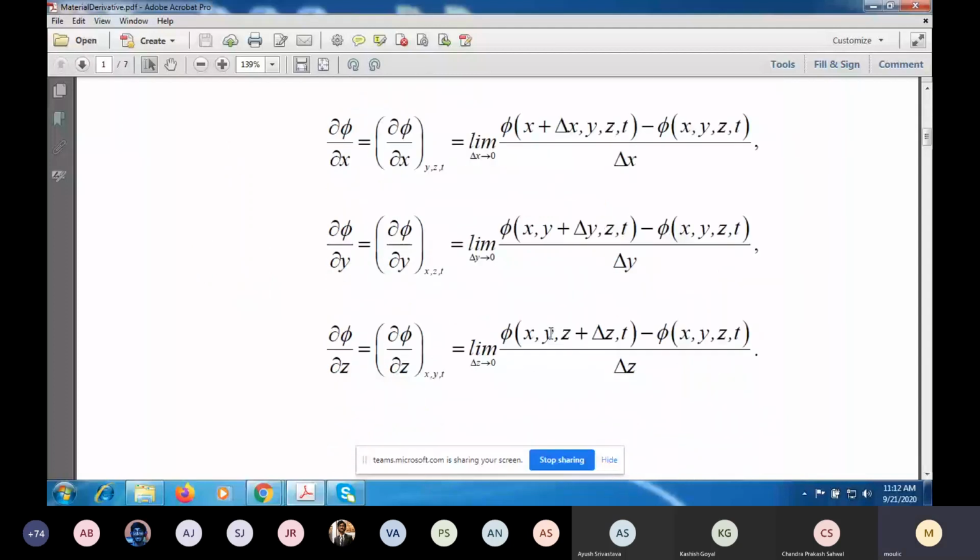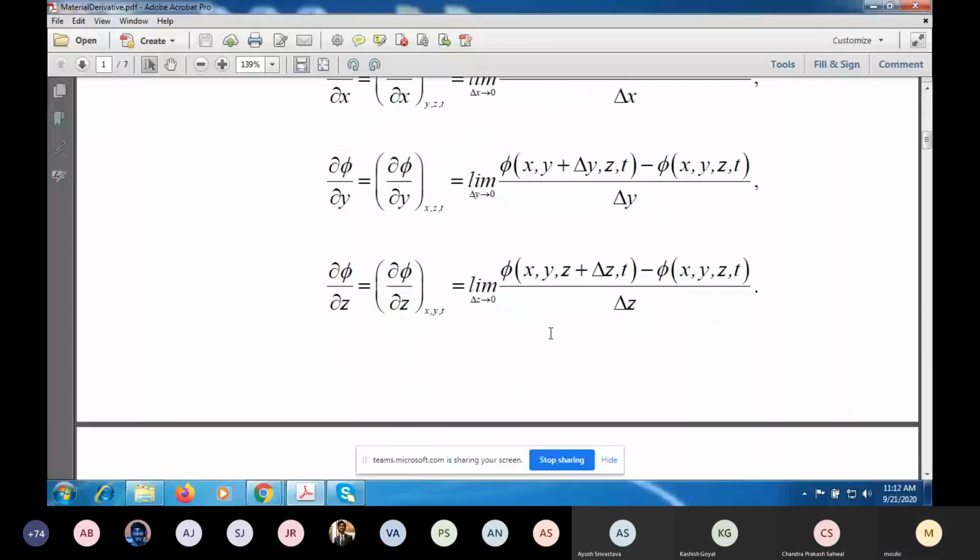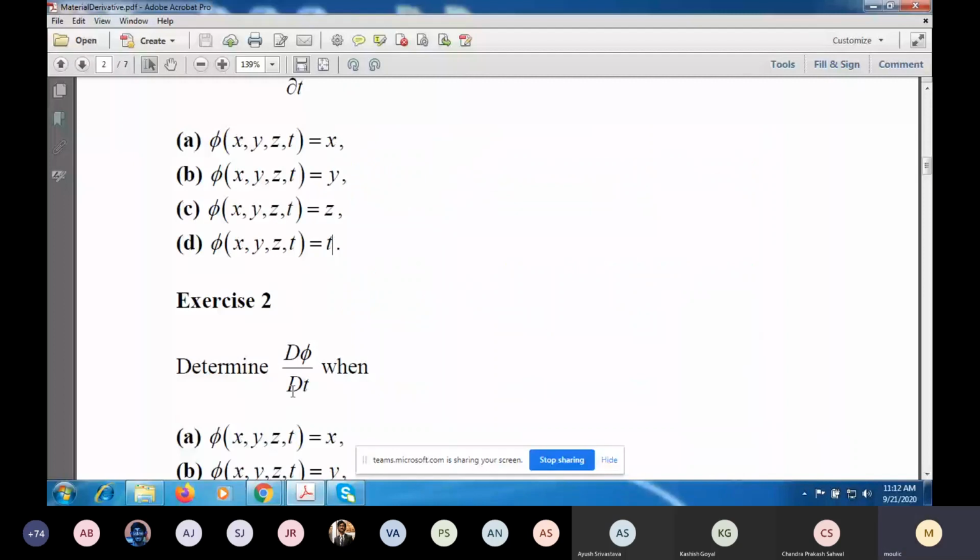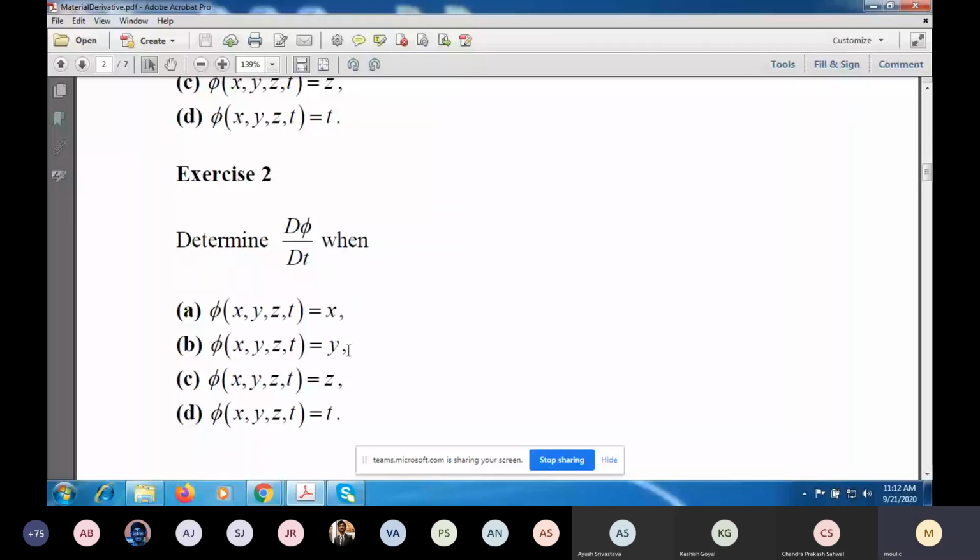But now if I ask you to find d phi dt, this means the rate of change of phi for a particle. So if I look again at the same four questions, what is d phi dt when phi is x? Okay, it means a different thing. So 1a means I'm asking you what is the time rate of change of the x coordinate of a particle.